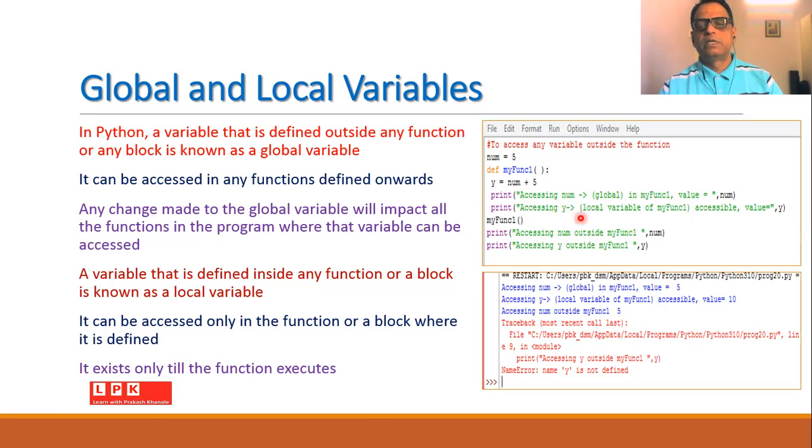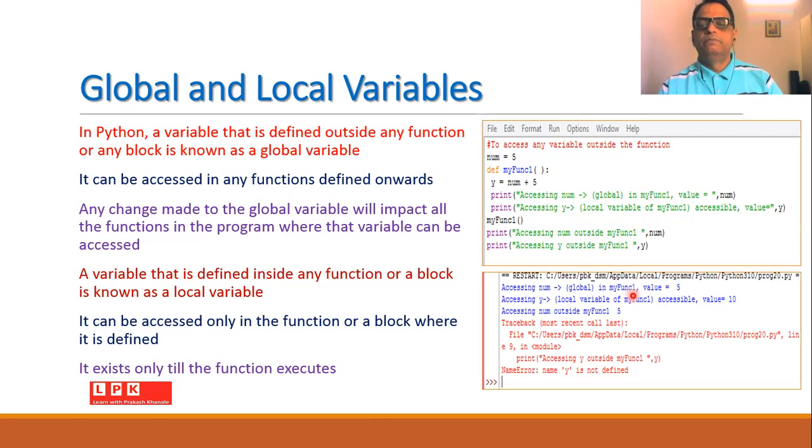We are printing the message, accessing local variable of my function, and printing the value of y. Then we are calling my function 1, and then we are printing the message, accessing outside the function number, accessing outside the function y.